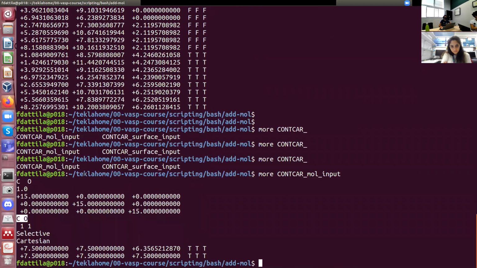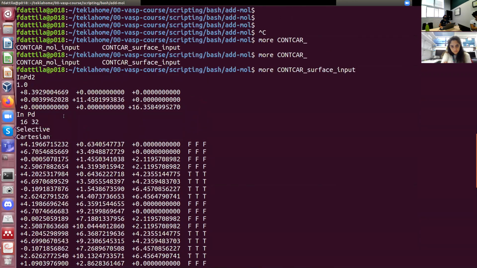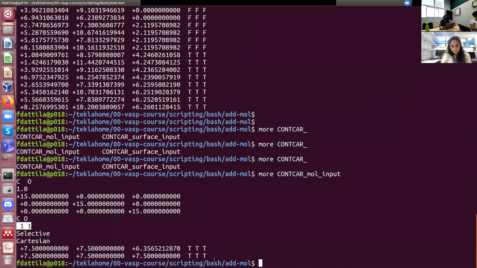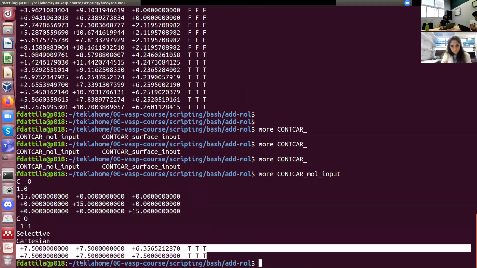Then you need to copy these two, 1 and 1, and paste them here, okay? Then you take the coordinates of the CO, and the very simple approach at the very beginning will just be to copy them at the end of this concar, and then you are done for the very draft 0.